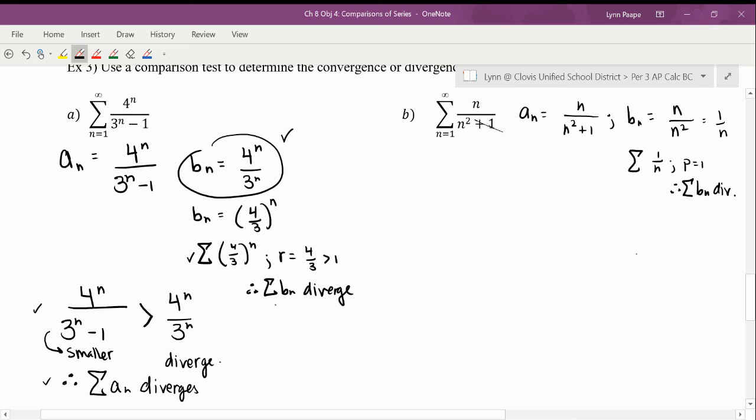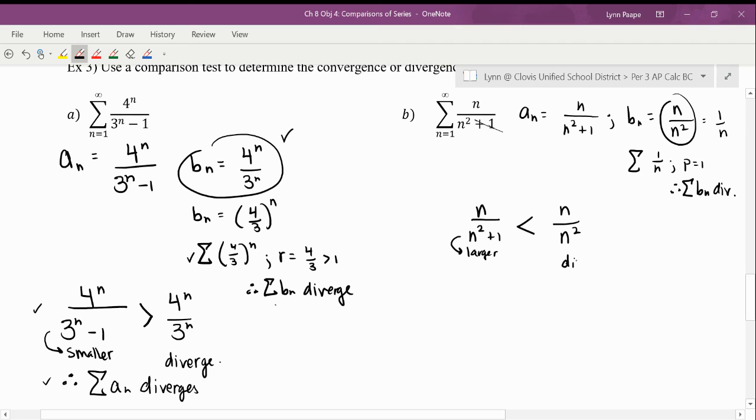Okay, so now I'm going to try the direct comparison test again. I'm going to look at n over n squared plus 1, and then compare that to n over n squared. I'm using this form again so I can determine that inequality pretty easily. I have a larger denominator because I'm adding 1. Larger denominator means a smaller fraction.